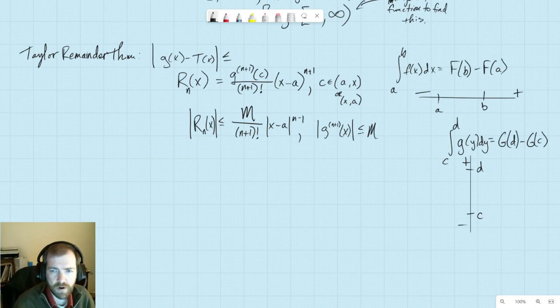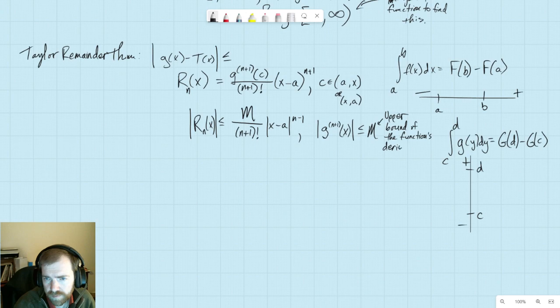So m is going to be considered our upper bound for this particular function on this particular interval, where again our function is going to be the n plus 1th derivative.